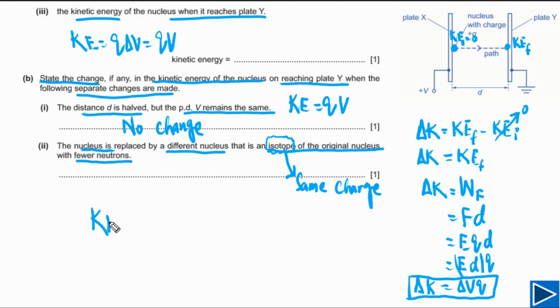Again, kinetic energy is equal to Q times delta V. For this part, only the nucleus changes. Distance is the same, potential difference between plates is the same, and the charge on the nucleus is also the same. So there is no change in kinetic energy when this nucleus reaches plate Y, because Q is the same and delta V is the same.